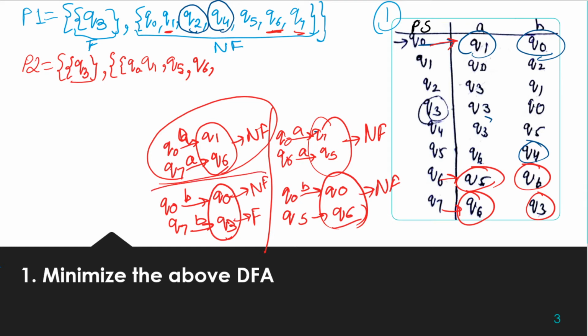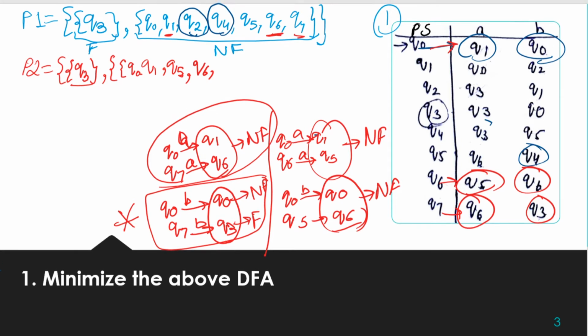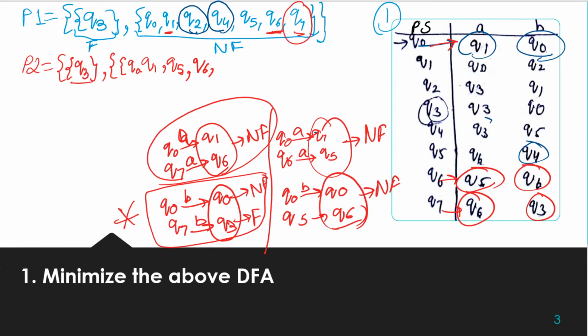So we can conclude that Q0 and Q7 are not compatible, so we cannot keep them in the same group for partition 2. So this Q7 is not placed in any group till now, and this group is closed here.